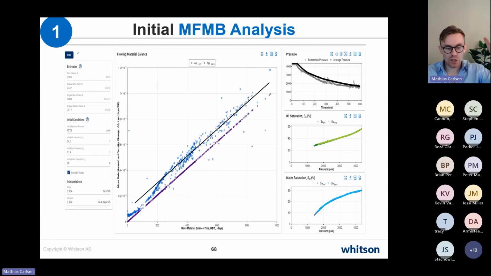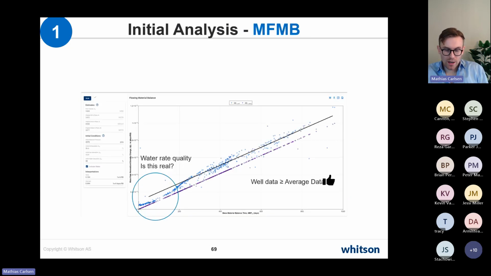Their interpretation for this well is this straight line right here that estimates a contacted pore volume of around 2.4 million STB. And if you zoom in on the data here, the data quality was questionable, but all the blue points were always above the purple points, so that looked good.